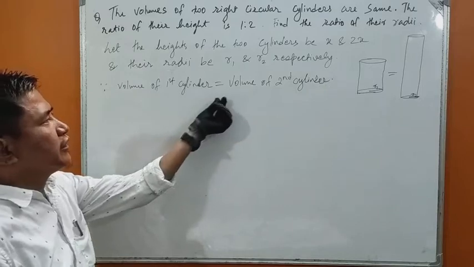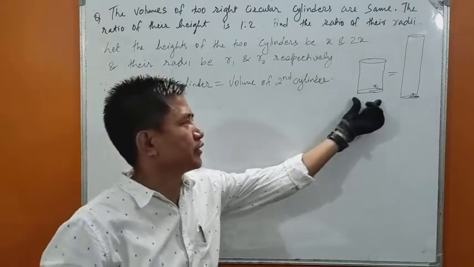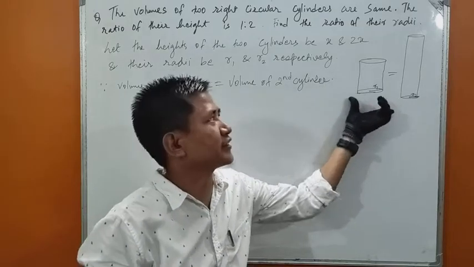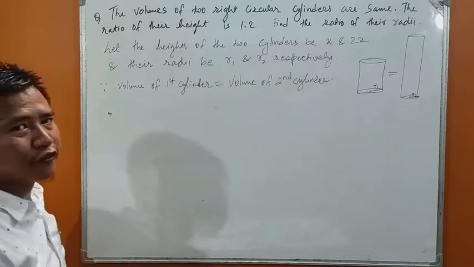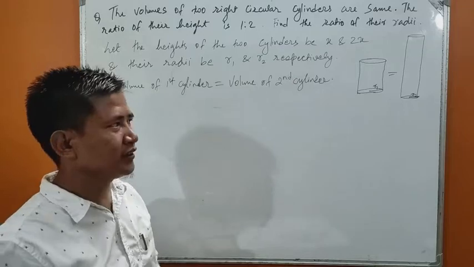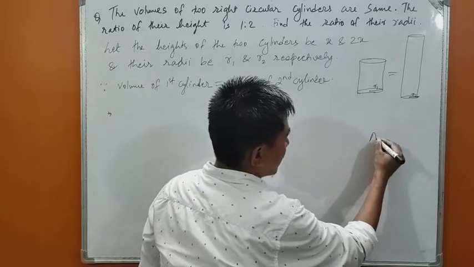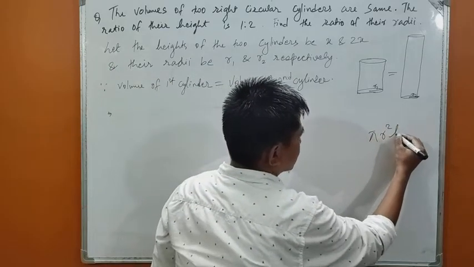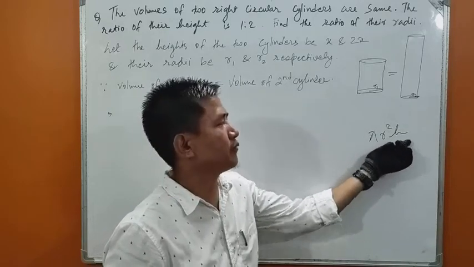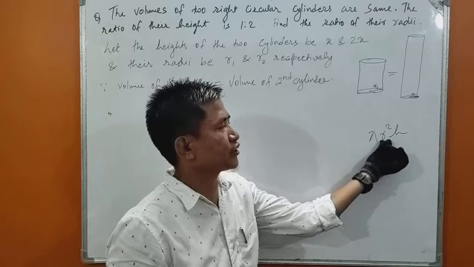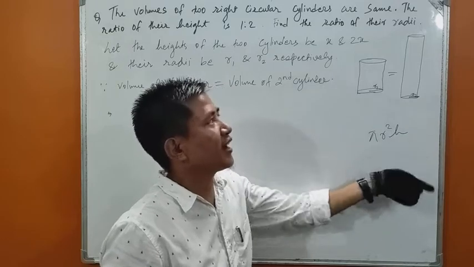Volume of the first cylinder equals volume of the second cylinder, because the volumes of these two cylinders are equal. This is given by the question. So what is the formula for the volume of a cylinder? We know that the formula is pi r square h, isn't it? Pi r square h is the formula for the volume of the cylinder, where r is the radius of the cross section and h is the height of the cylinder.